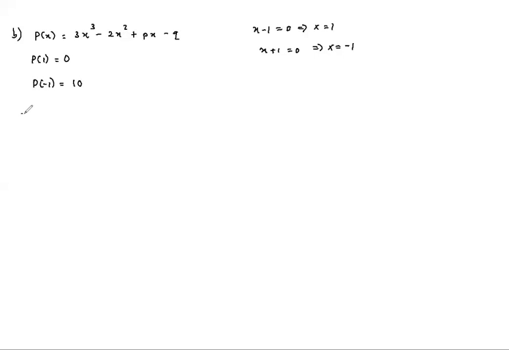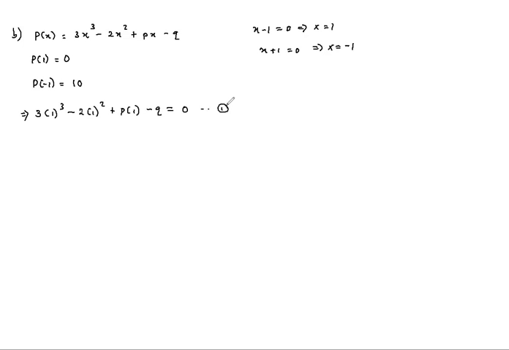Okay, now I can start doing everything properly. What is P of 1? That will be 3(1)^3 minus 2(1)^2 plus p(1) minus q, which is equal to 0. Call this equation 1.